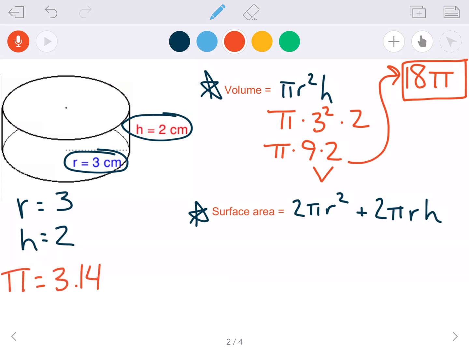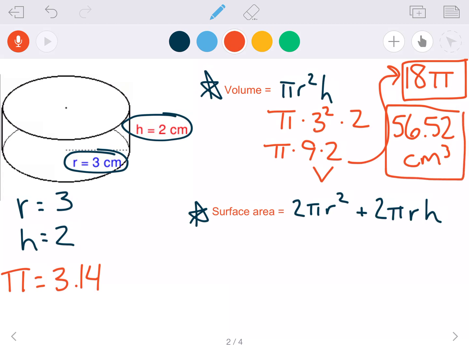So 18 times 3.14 is going to give me 56.52. And remember, volume is centimeters cubed.